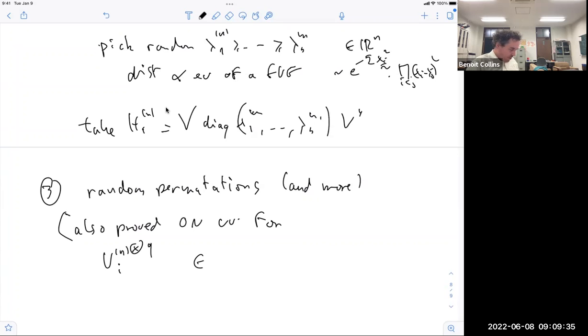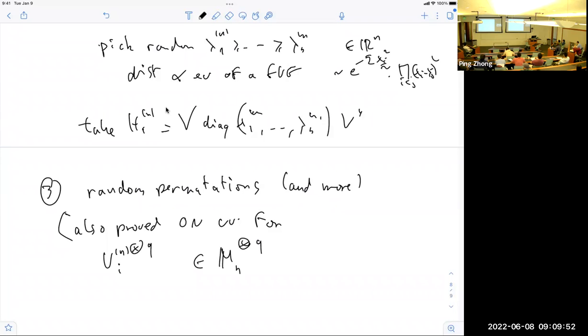We proved a bit more than this, but let me just stick to that. So instead of taking Haar unitaries, what you do now is you take a Haar unitary, which you tensor with itself many times.